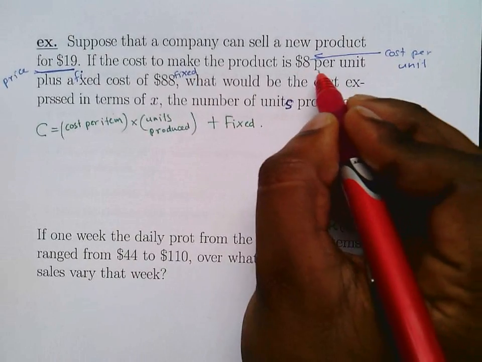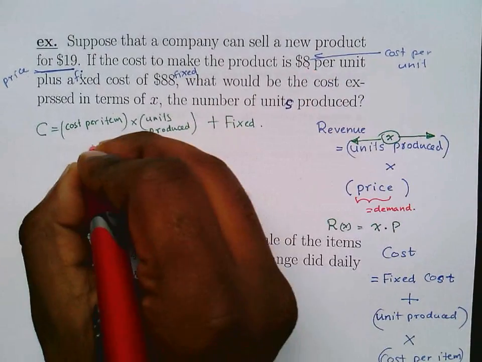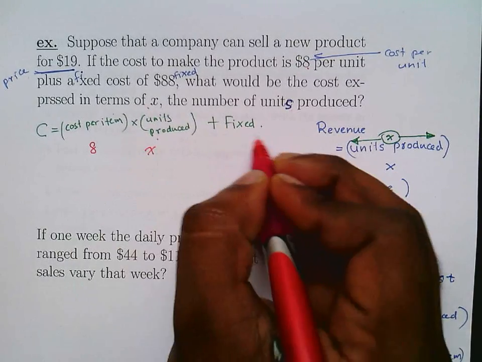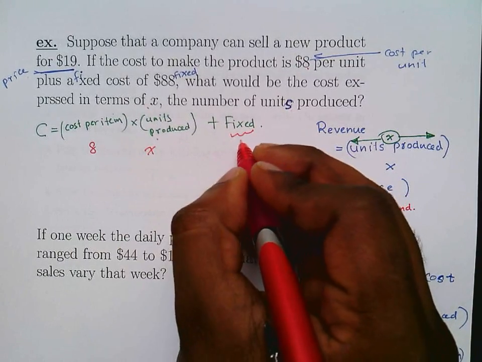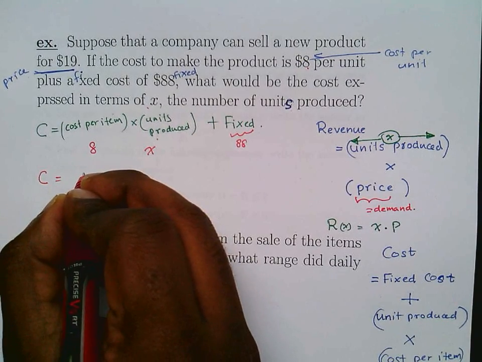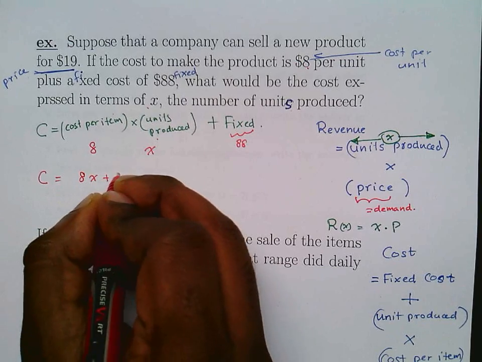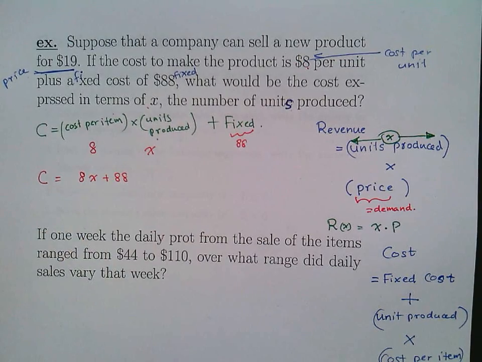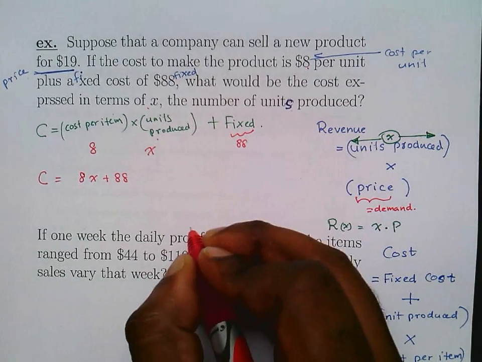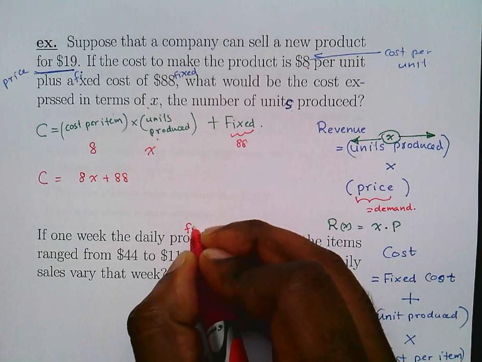So cost per item is $8, units produced is X, fixed cost is 88. So the cost is 8x plus 88. Okay, so the reason that you don't see the thing is I have used a word processor that uses a single letter and it didn't fit here.